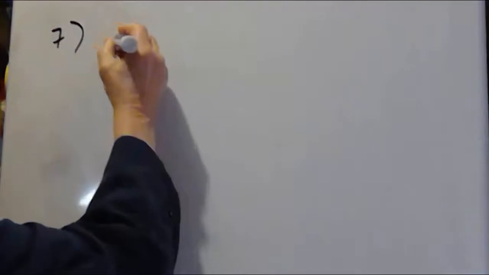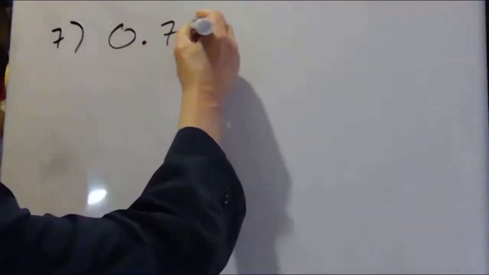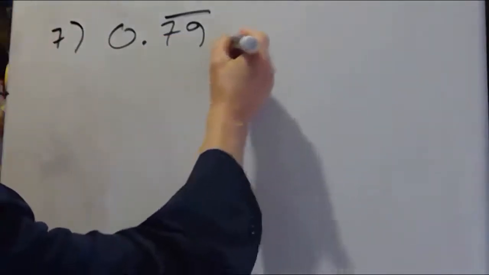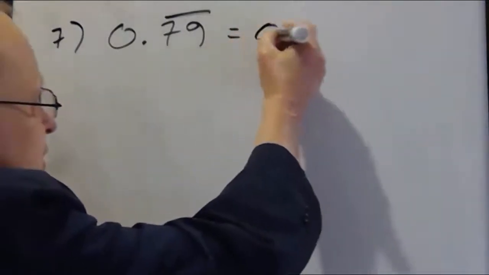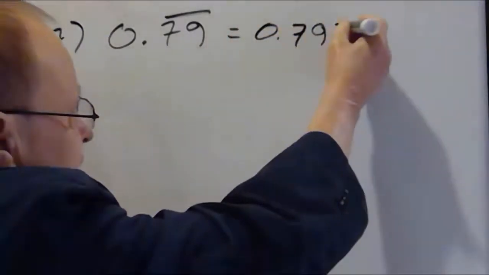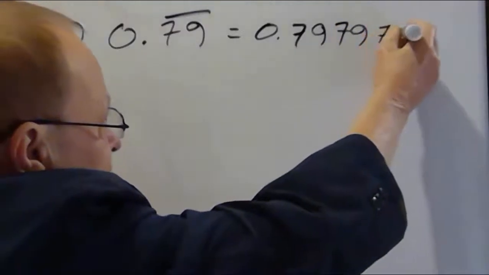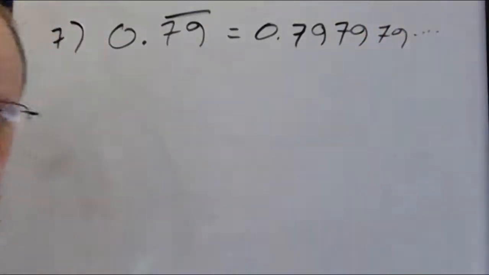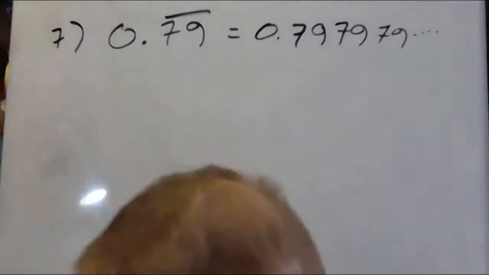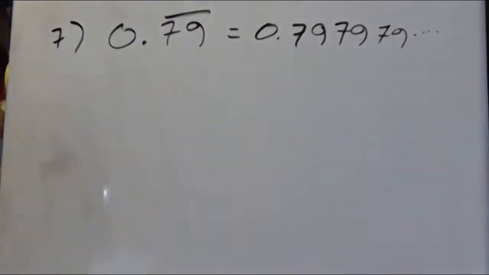In example number 7, two parts are repeating, meaning the 7 and the 9 repeat themselves. So this will be equal to 0.797979... and we want to turn this one into a fraction.